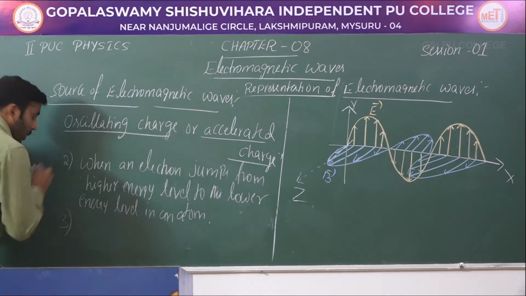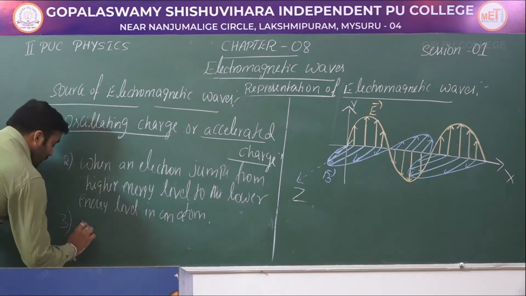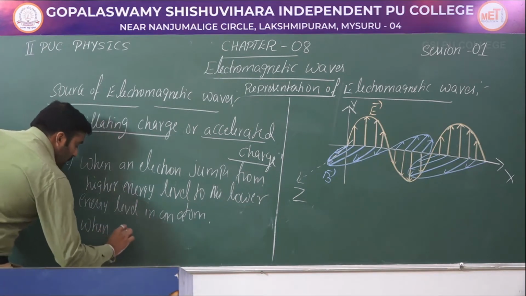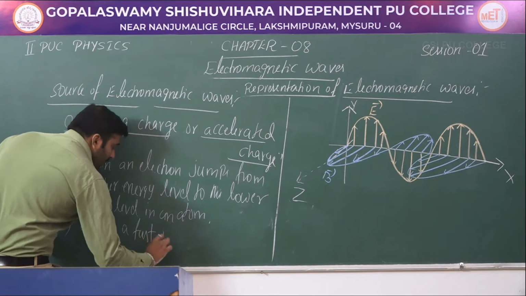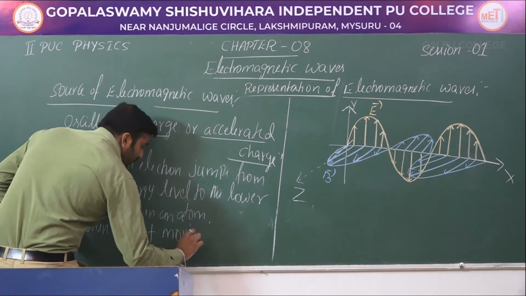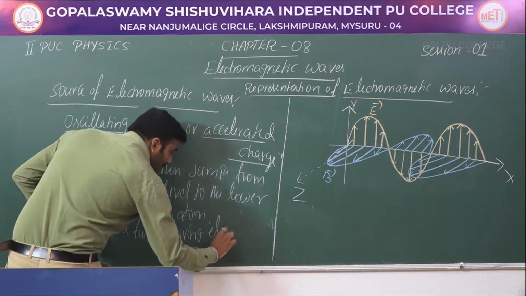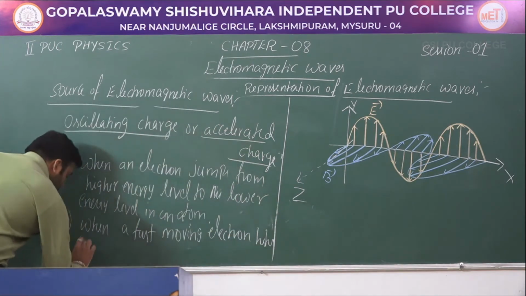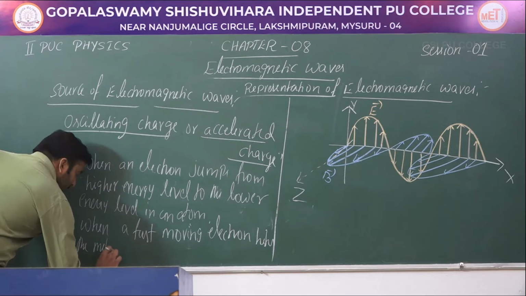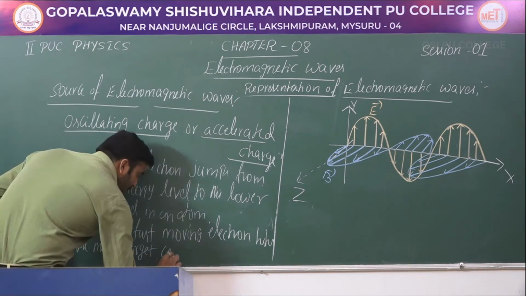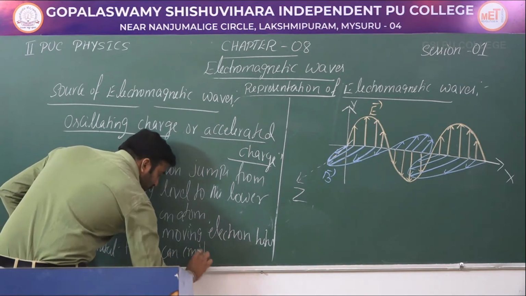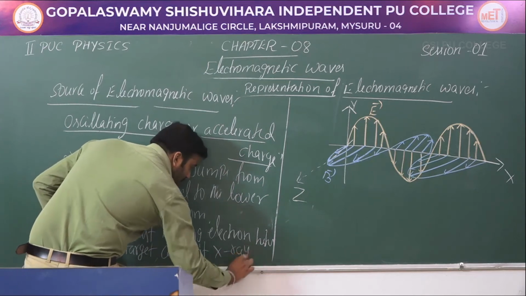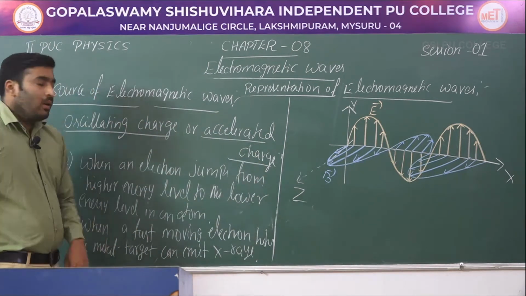So one more case if you write, when a fast moving electron hits the metal target, it can emit X-rays. Okay.